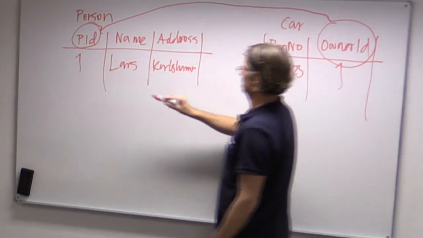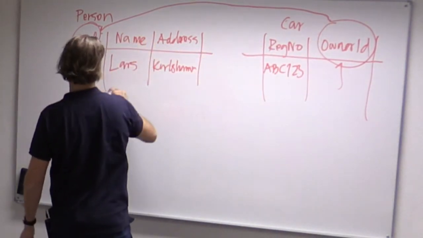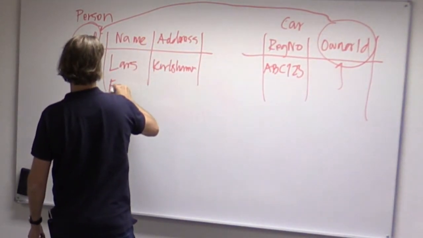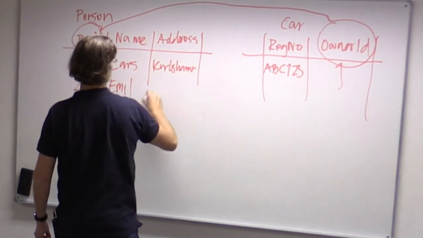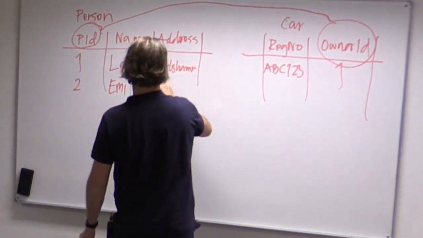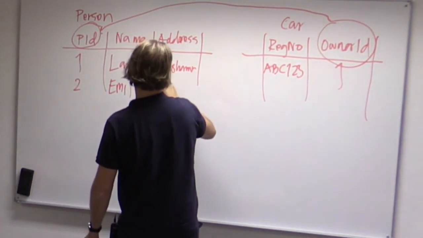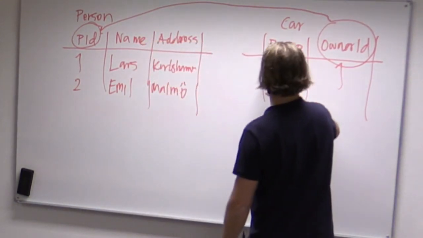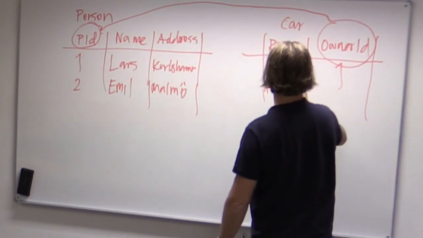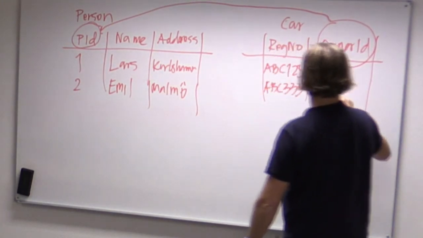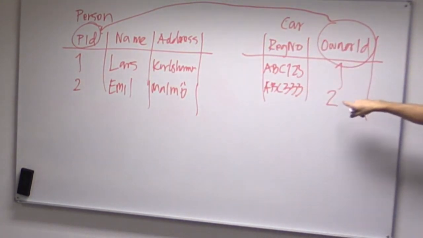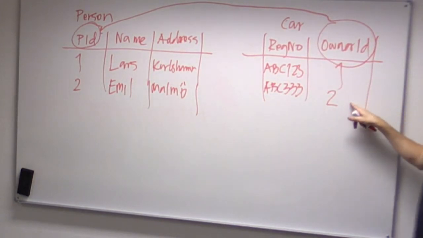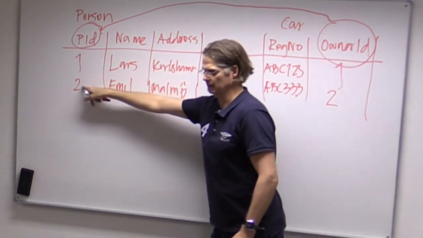They are of the same type. If I add another one, that entity, the owner ID of 2, is referencing that one.